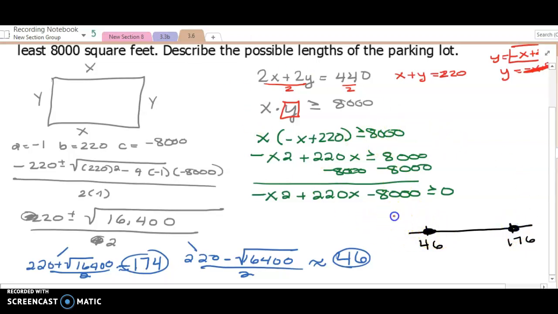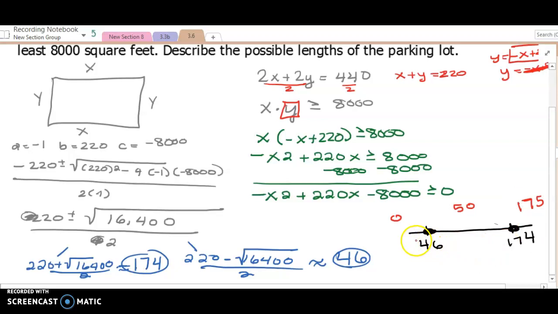Less than 46, 0 is the easiest to pick. Between them, I can just do 50. And to the right, guys, this is 174, not 176. My apologies. So I'm just going to pick 175.